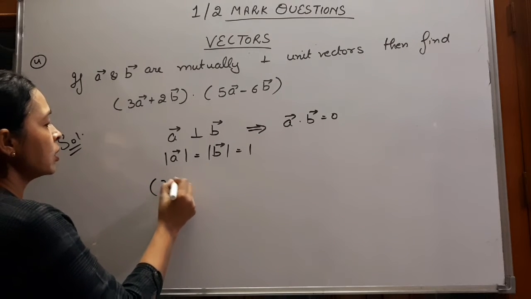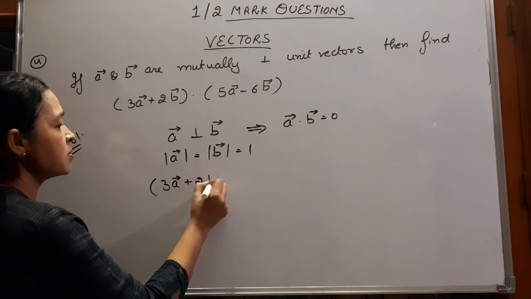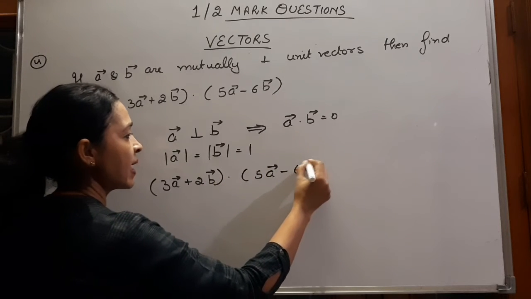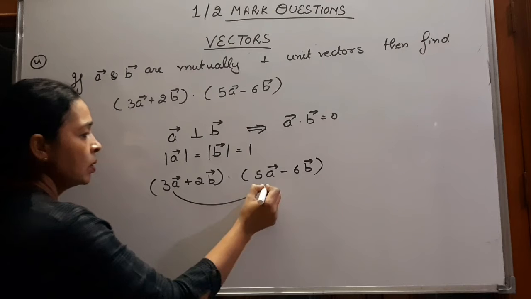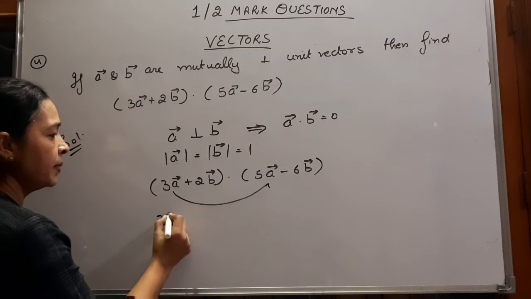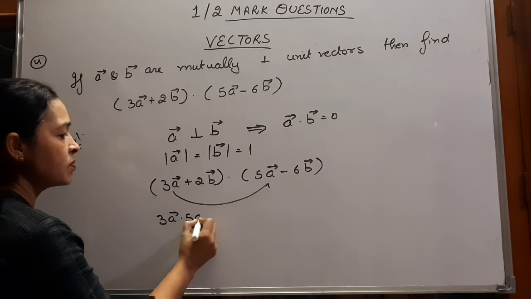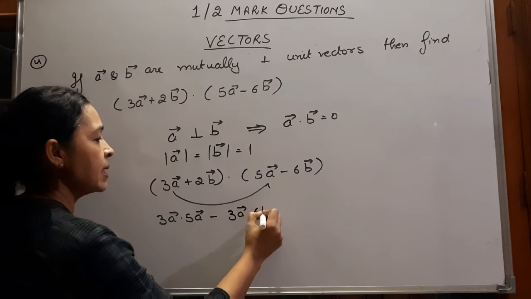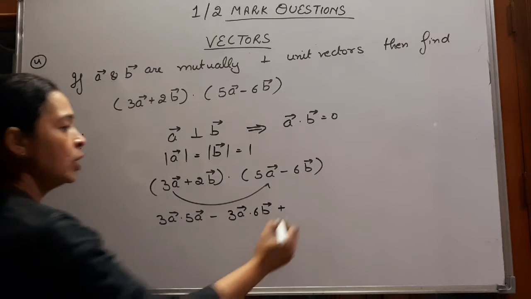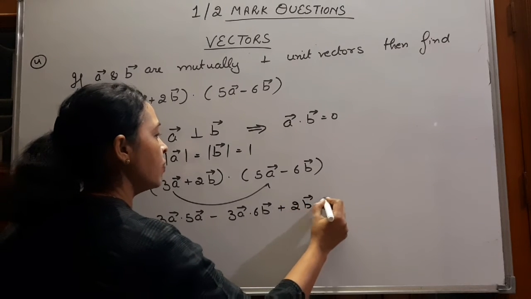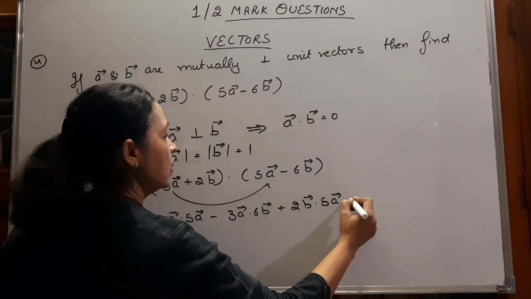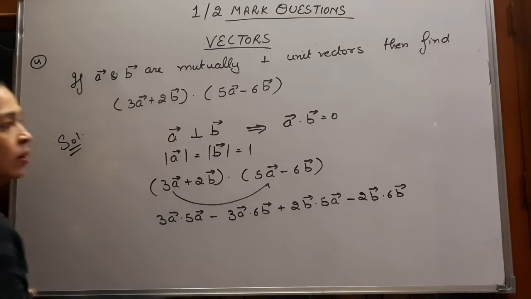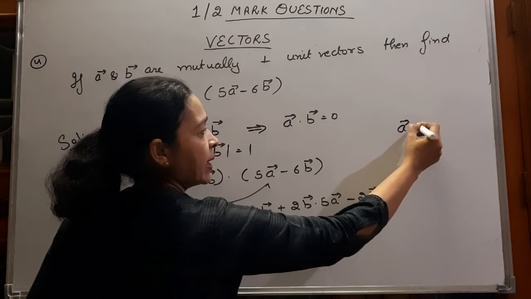Now we have to find the dot product of (3 times vector A plus 2 times vector B) dot (5 times vector A minus 6 times vector B). That is 3 times vector A dot 5 times vector A, minus 3 times vector A dot 6 times vector B, plus 2 times vector B dot 5 times vector A, minus 2 times vector B dot 6 times vector B. What is vector A dot vector A?